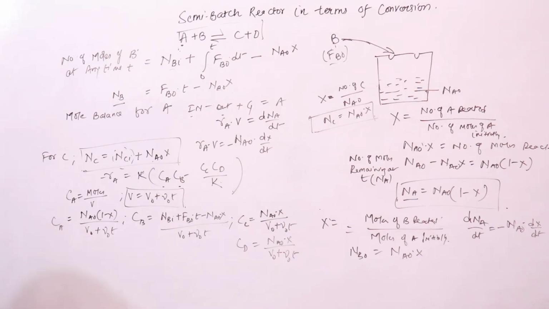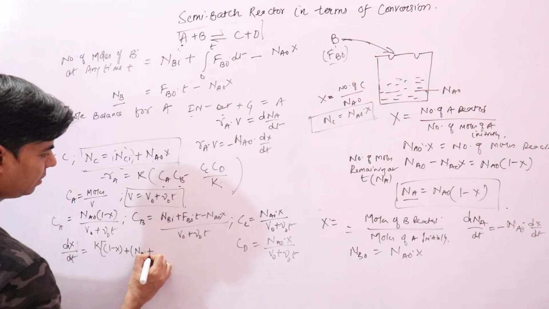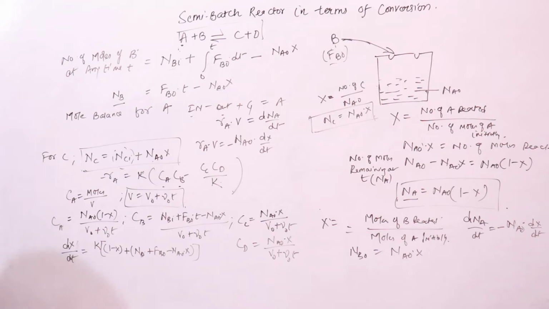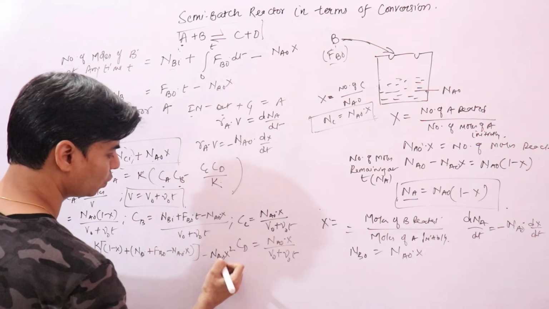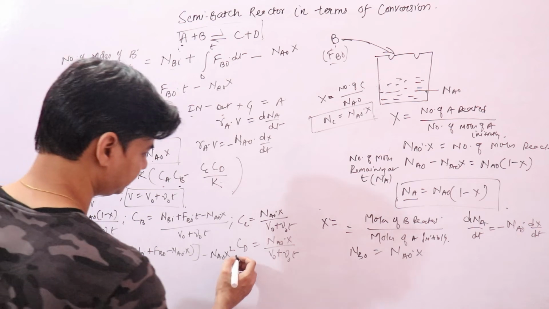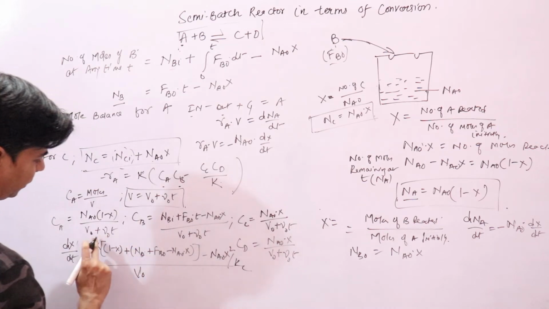What you will get is the equation dx upon dt equals, 1 minus x, plus Nbi plus Fb0 minus Na0x, minus Na0x square, divided by K. You will get this, where V is common in all.